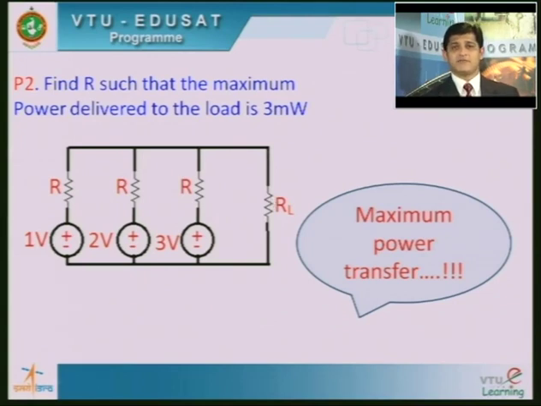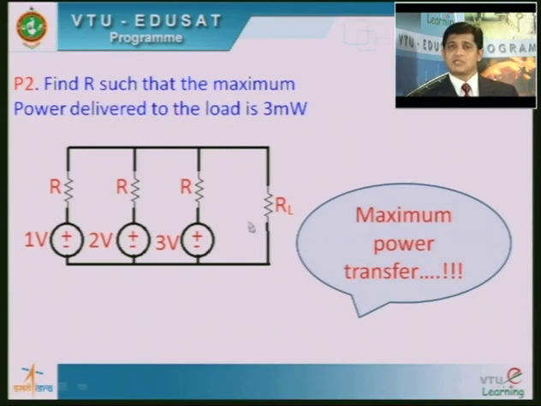Now you do not have to bother. Just see these branches. You have a voltage in series with a resistor, voltage in series with a resistor, and such 3 branches are in parallel, and that is what we need to deal with using Millman's theorem.